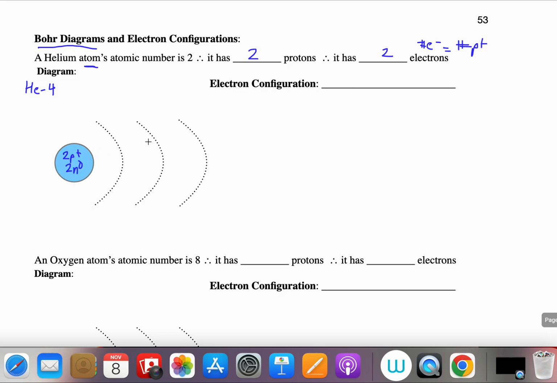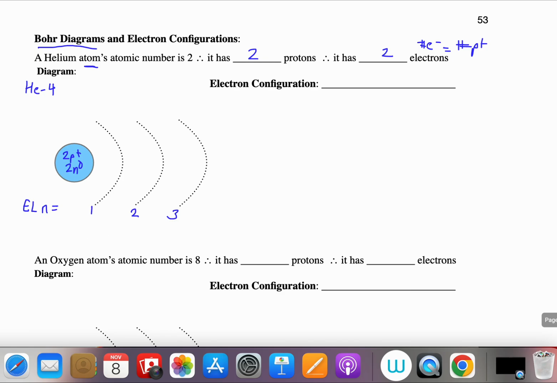These dotted lines represent the energy levels. The energy level closest to the nucleus is energy level 1, then energy level 2, energy level 3. Yes, it does have 7, but we just draw enough based on where the electrons are occupied.